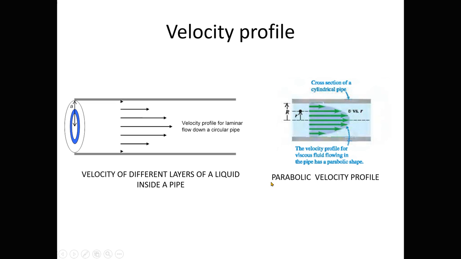This is called a parabolic velocity profile. This is the value of v and this is the value of r. So there are two variables: one is the radius of the pipe, and the other is the velocity of the fluid.